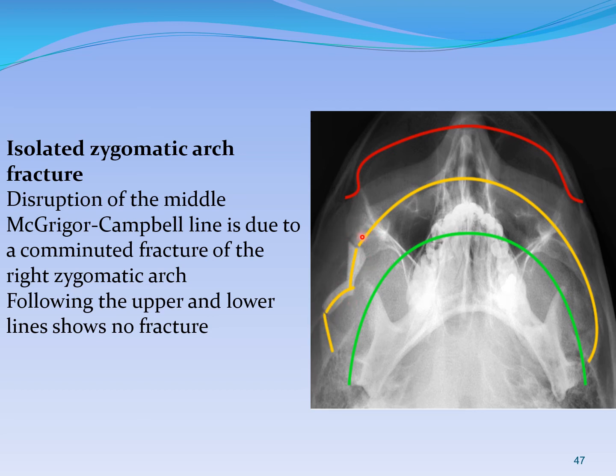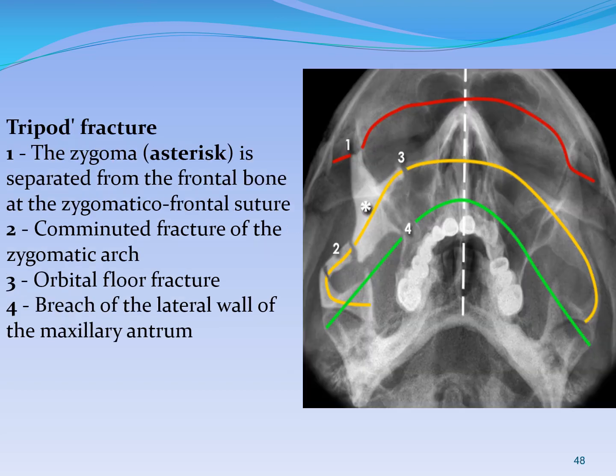So here you can readily see there's a fracture of the right zygomatic arch. Again, a tripod fracture. Here you can see the zygoma fracture, zygomatic arch fracture, inferior infraorbital rim fracture, and fourth, there is a breach in the lateral wall of the maxillary antrum. So these lines are very important to evaluate facial trauma.